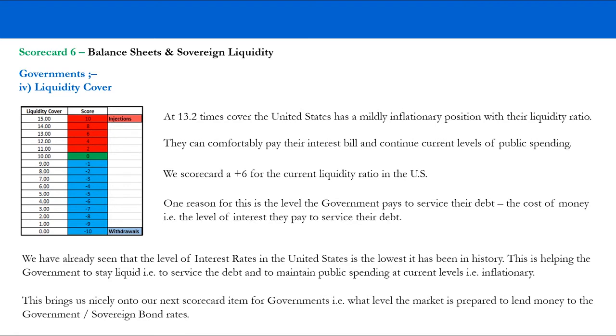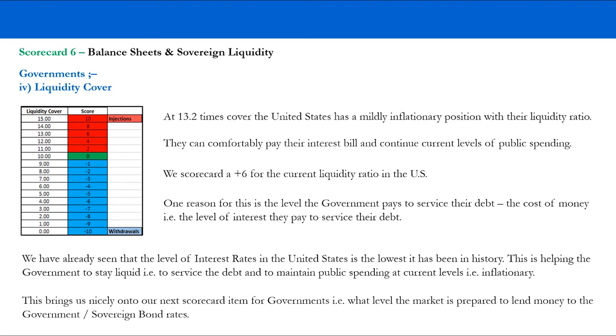The level of interest rate that they pay to service their debt is obviously important. We've already seen that the level of interest rates in the United States is the lowest it's been in history. And this is helping the government to stay liquid, as in to service the debt and to maintain public spending at current levels. So inflationary.